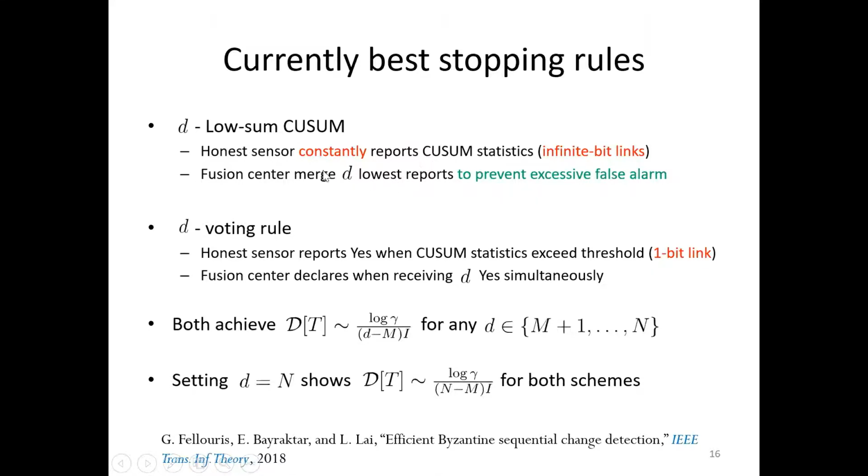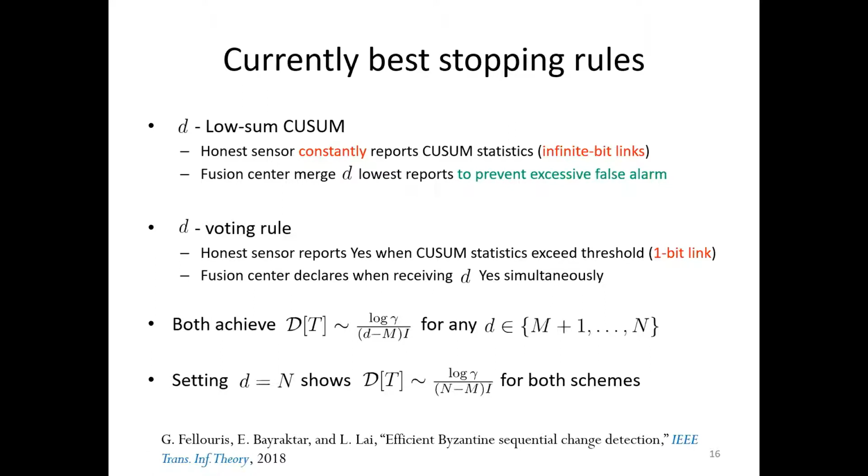Okay, so D is an integer. All right, so the reason that this rule only merges D of them, not all the reports, is because some sensors are compromised, right?